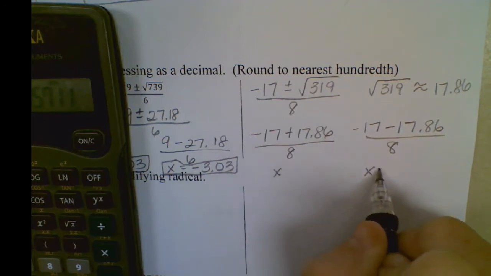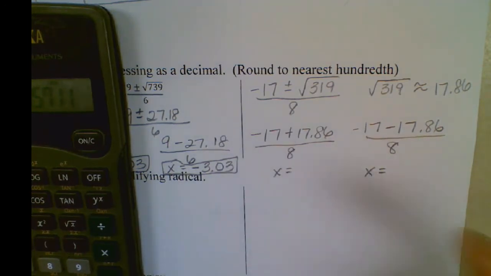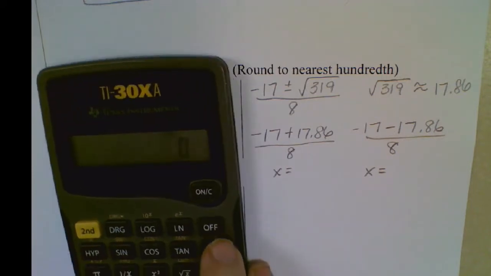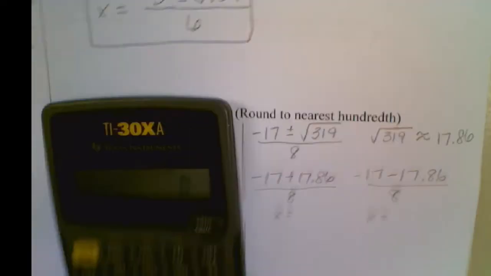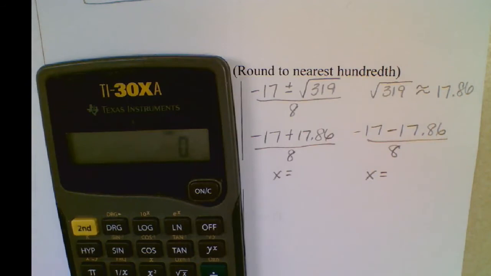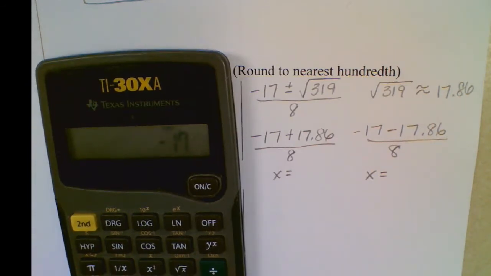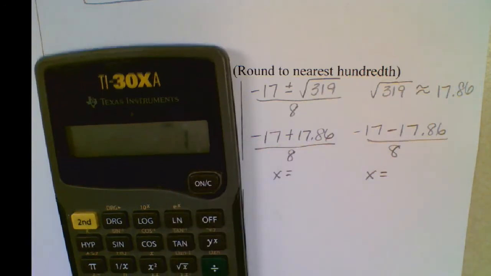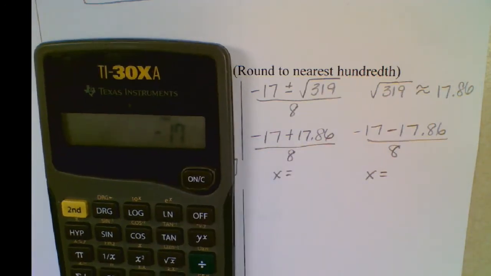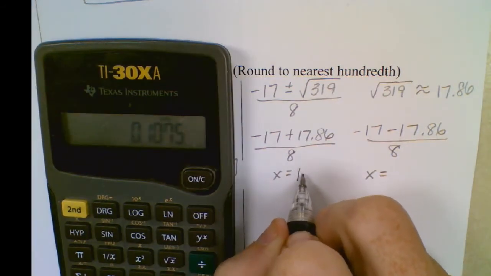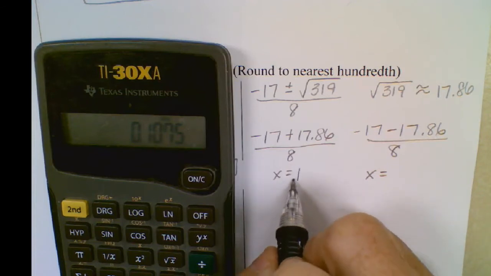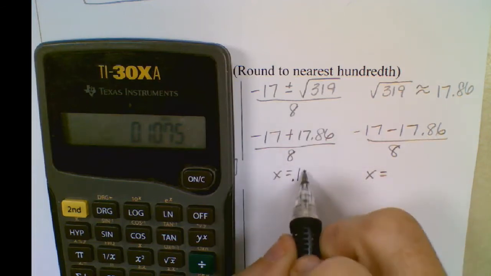So remember, you're going to have two values for your solutions. Negative 17 plus 17.86. Remember to hit the equals button before you divide. Equals, divided by 8 should give us 0.11, because it's 0.1075.